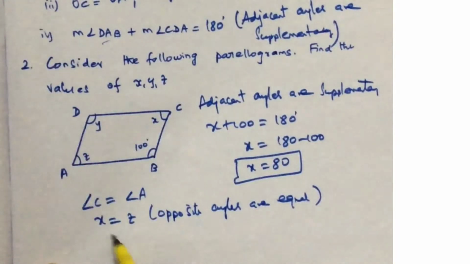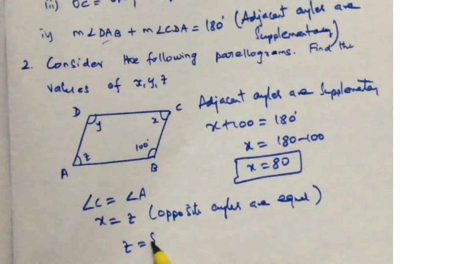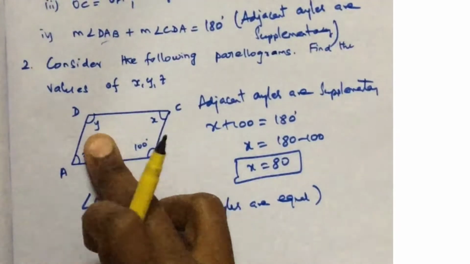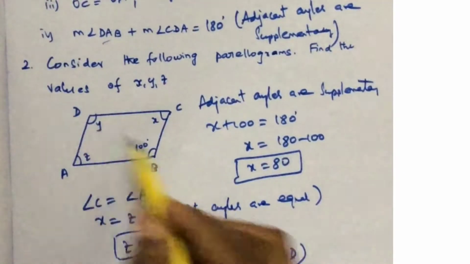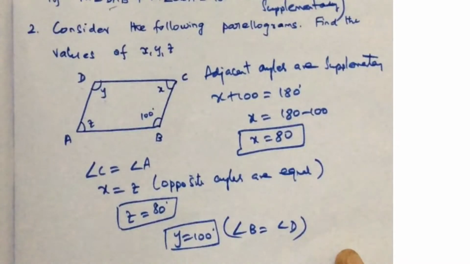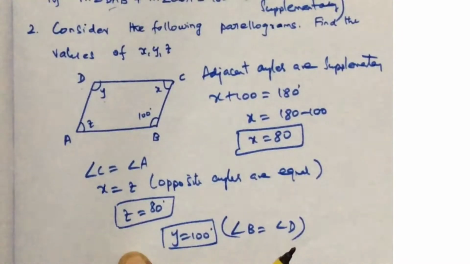So z is x, and x is 80. Then what is y? This y is equal to angle B, and angle B equal to angle D. These are the opposite angles. So, y is equal to 100. So, x is 80, y is 100 and z is 80.